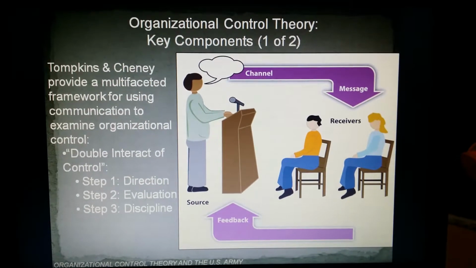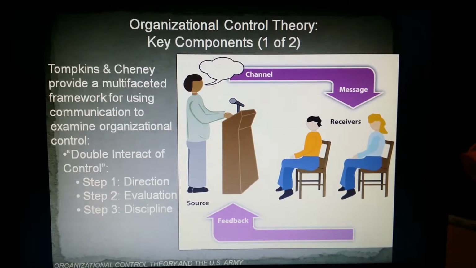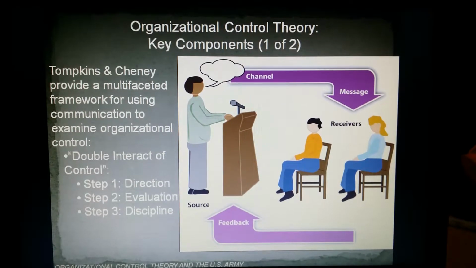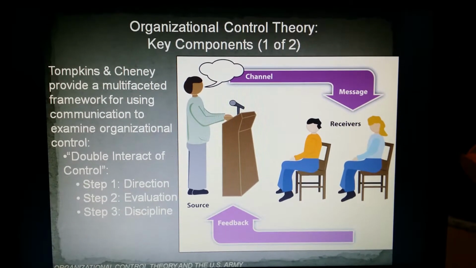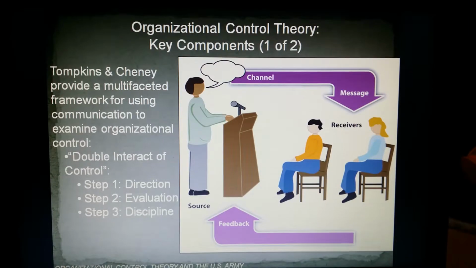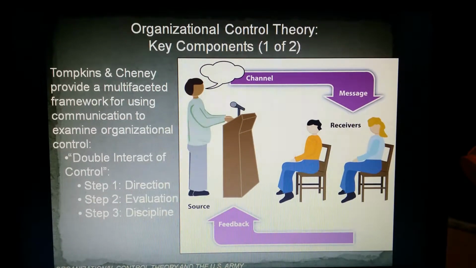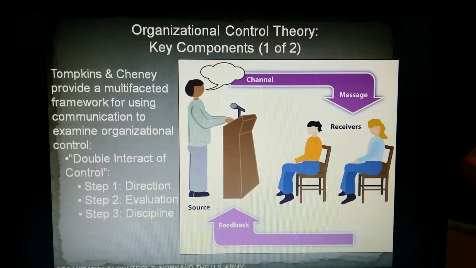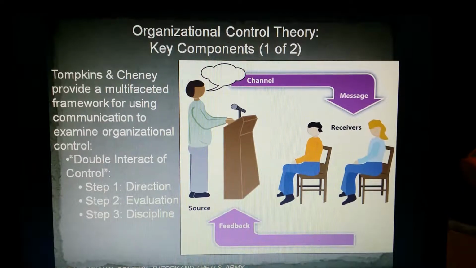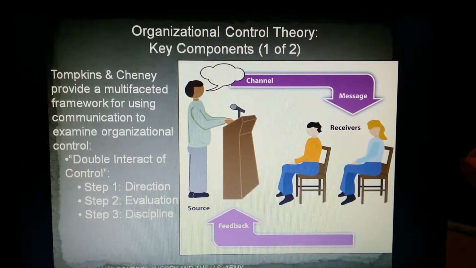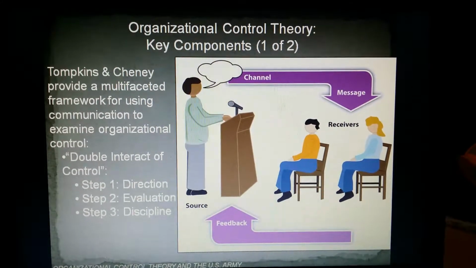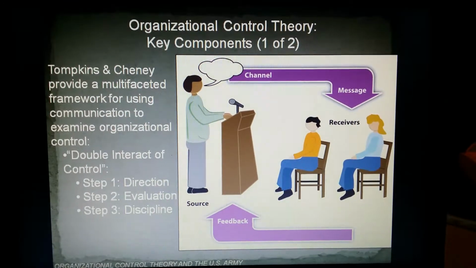The leader must elicit feedback, whether it's through verbal or nonverbal communication. And finally, the leader provides incentives for compliance. Again, whether it's positive reinforcement for compliance or negative consequences for non-compliance, the leader establishes discipline within the organization in this process.